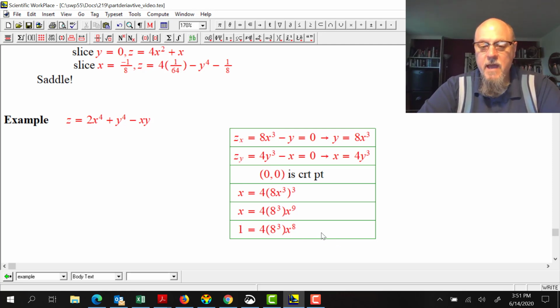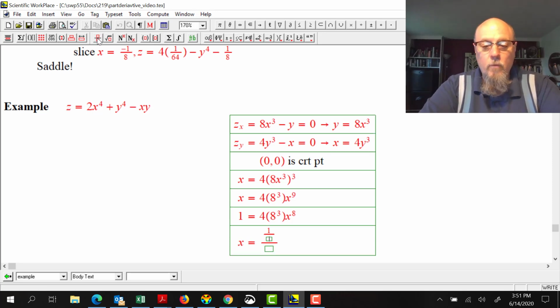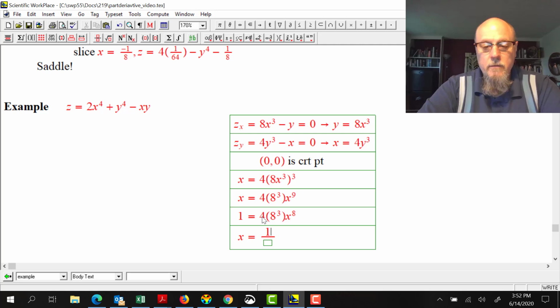There I canceled off the x. Now solving for x, that's going to be 1 over this expression.